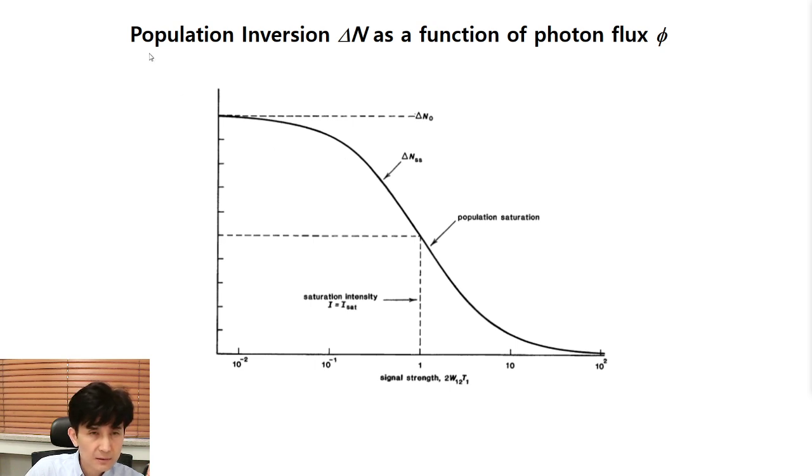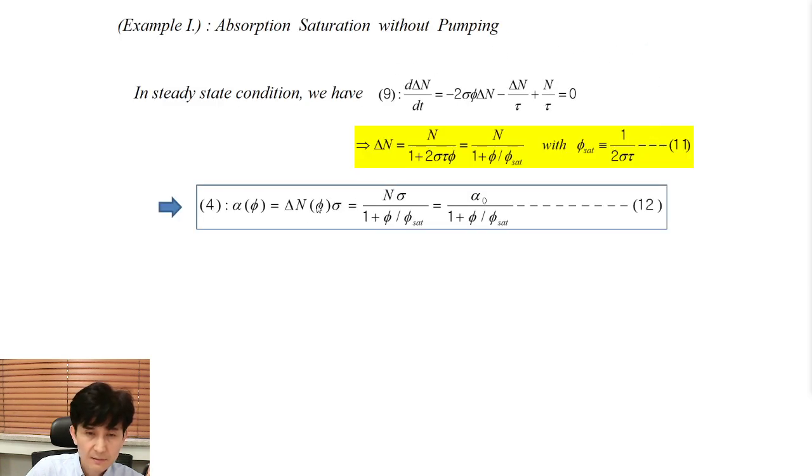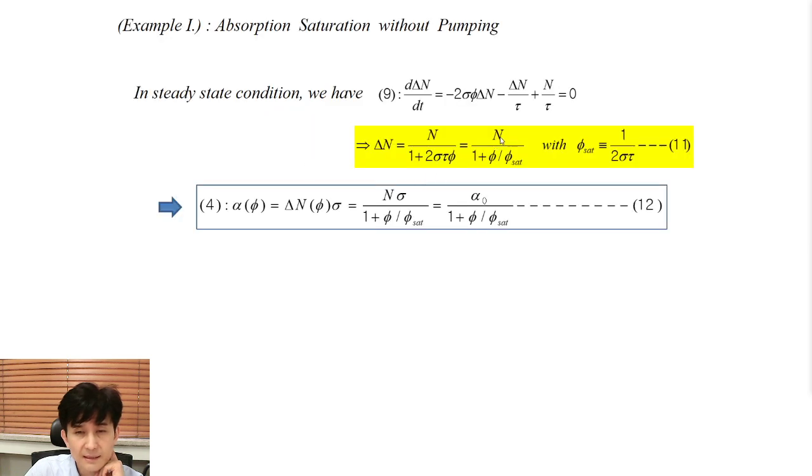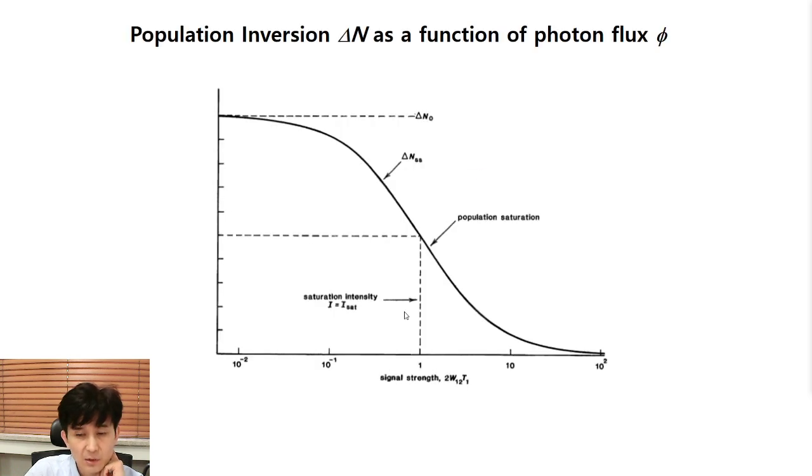So we can also calculate the population inversion delta n as a function of photon flux phi, that is n over (1 plus phi over phi set). If we divide this delta n by n, it becomes 1 over (1 plus phi over phi set).